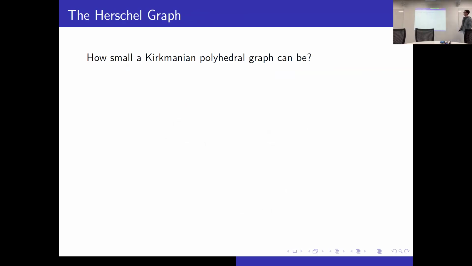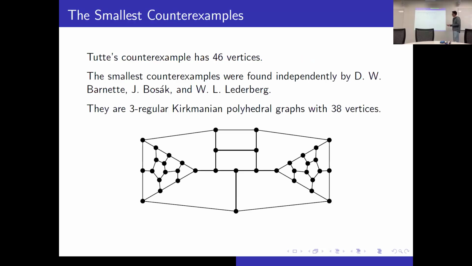Okay, so we have seen some interesting non-Hamiltonian polyhedral graphs, and they are 3-regular. But we can ask whether we can have a smaller non-Hamiltonian polyhedral graph if we do not require that it is 3-regular.